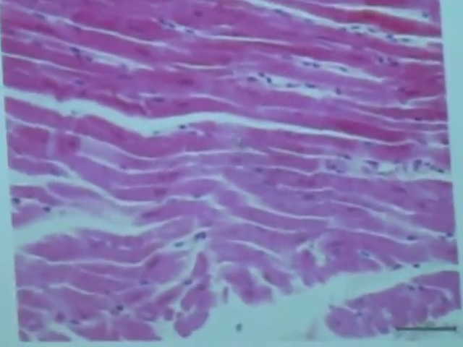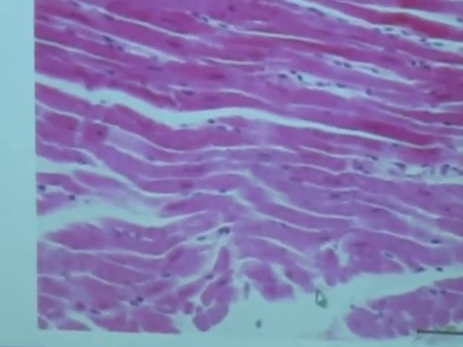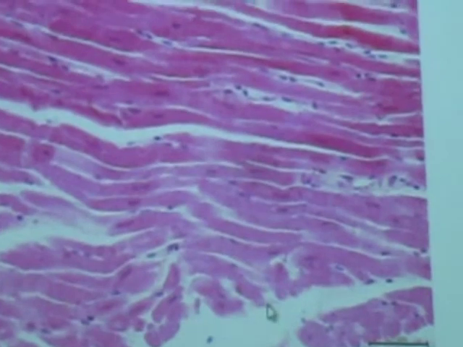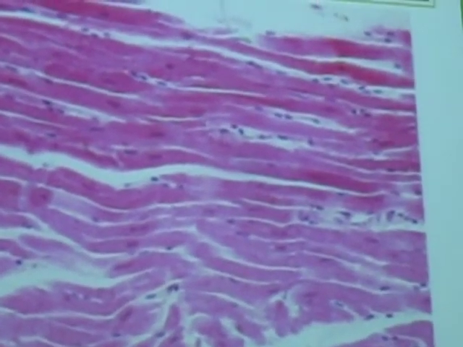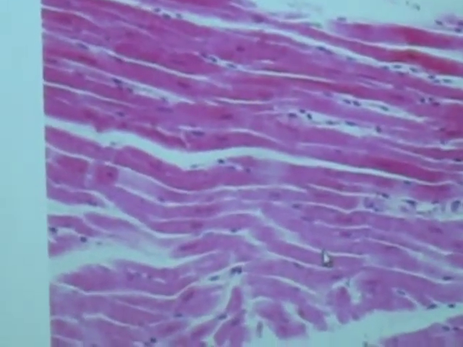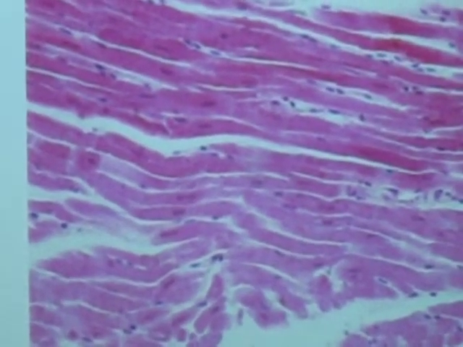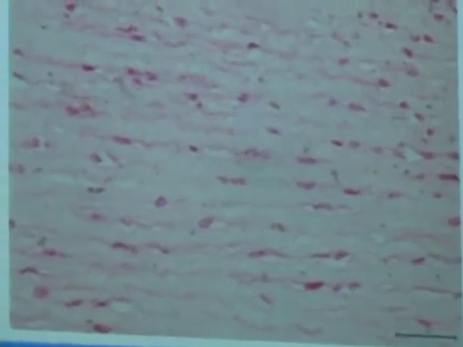What else? It is branching and, what is this? You have intercalated disc. So, easy pag muscle, di ba? You have already identified the smooth muscle earlier.